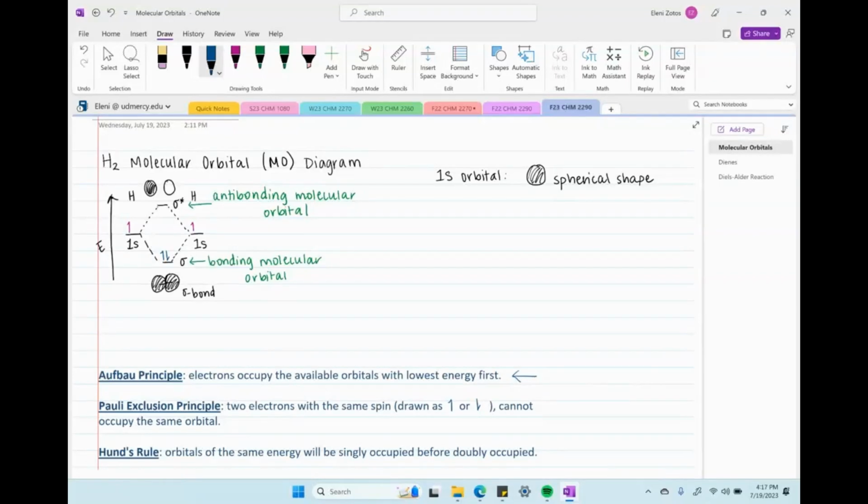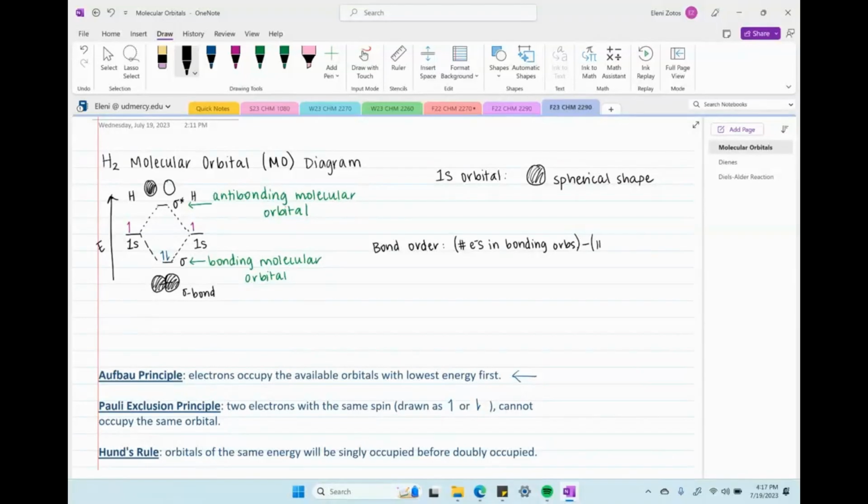Now the other thing we can do with a molecular orbital diagram is calculate the bond order. And this tells us information about how strong the bond is between the two atoms. We calculate bond order by taking the number of electrons in bonding orbitals, and shorten orbital as orbs.